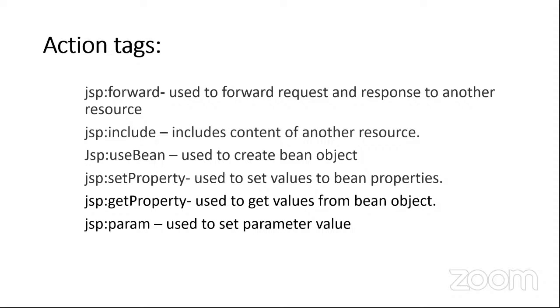Along with this we have two more important things, set property and get property. As the name suggests, set property can be used for setting values to a Bean class's properties, or we can say variables. And if you want to get those values back, then we can use the get property method.